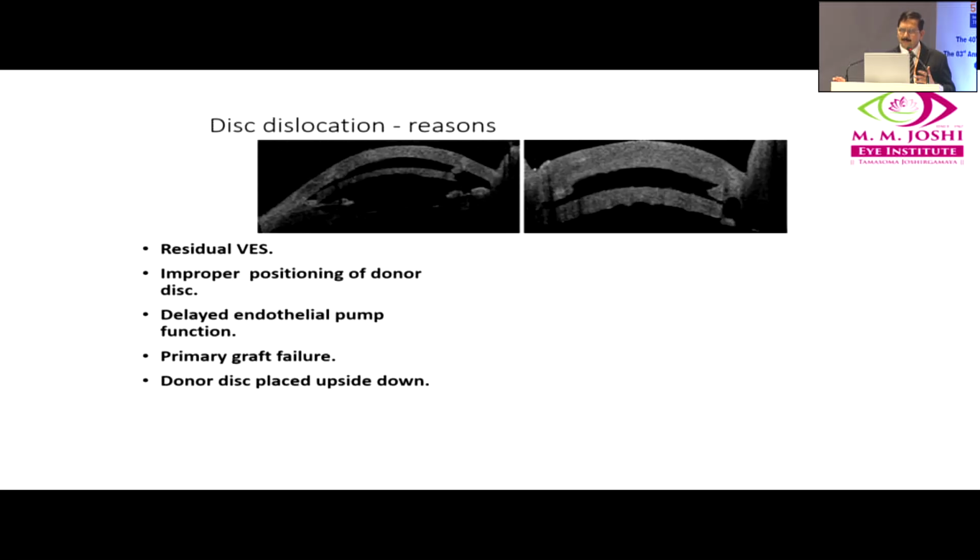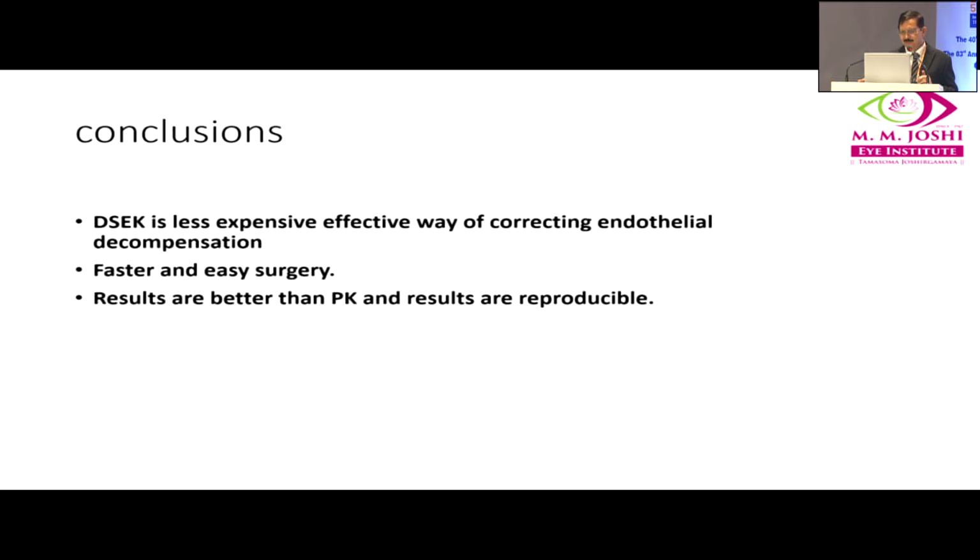Then there is improper positioning of the donor disc, or delayed endothelial pump, because if the donor endothelium is not healthy, or you have damaged it so much, primary graft failure can also result in dislocation. Or, since it is going to be very thin, you may not know which is the endothelial side and which is the stromal side, then the endothelium can go up and stroma can come down, so your endothelium will not function properly. So the donor disc again is going to get dislocated.